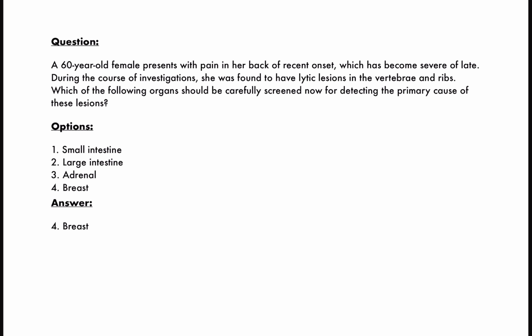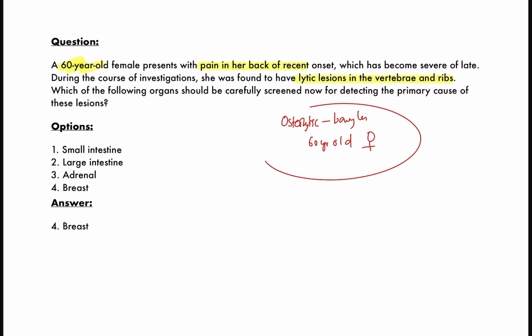Now this question we already discussed, that 60-year-old female with pain in her back. She was found to have lytic lesions in the vertebrae. So there are osteolytic bony lesions in a 60-year-old female. The most common cancer which metastasizes to bone is breast cancer.